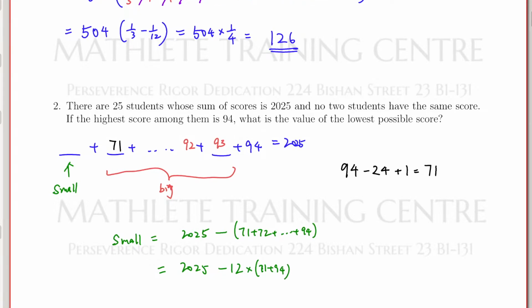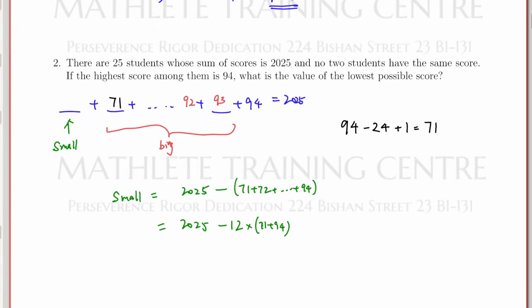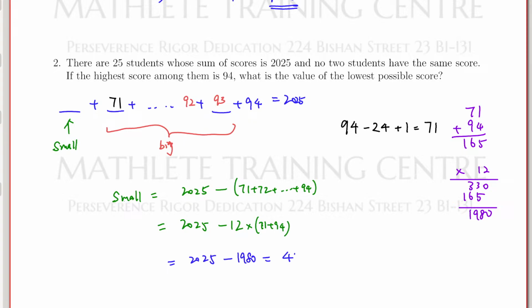So we're going to calculate what this is equal to. 71 plus 94, let's do it at the side, is equal to 165. And now if I multiply by 12, I get a value of 1980. So this will be 2025 minus 1980, which is 45. So in this case, the lowest possible score will be equal to 45. That's the answer for question 2.